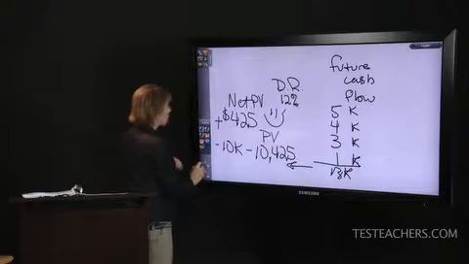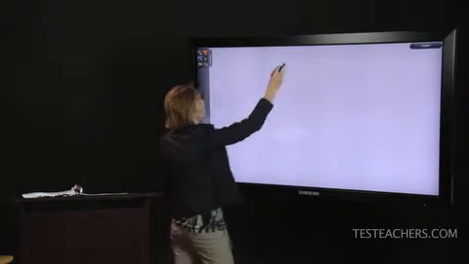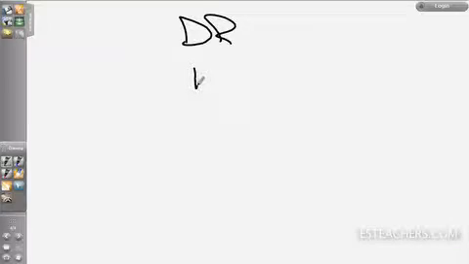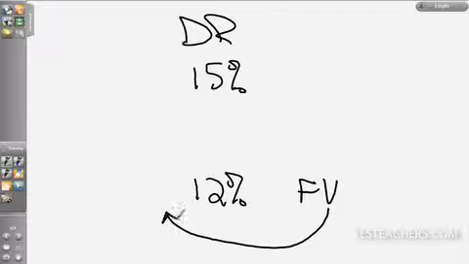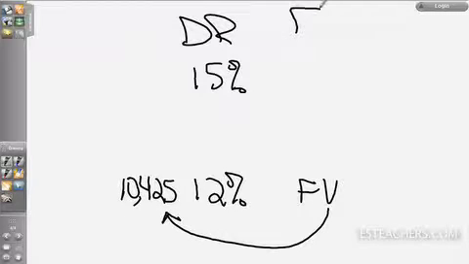Now, the next one uses a discount rate of 15%. When we used the discount rate of 12%, the future values, when they were discounted back, were worth $10,425. Now, based upon your understanding of how this discount rate works, we've got the same $13,000 future value.